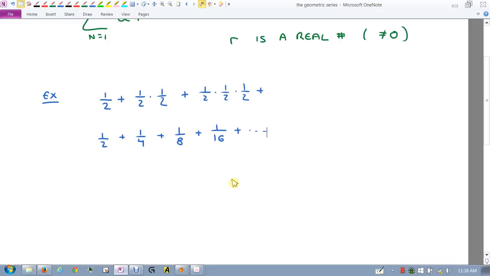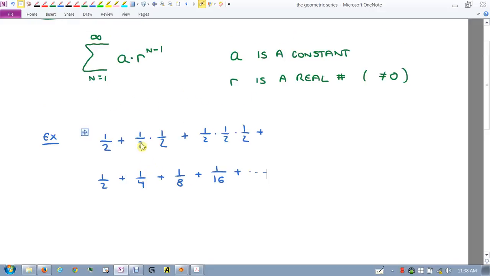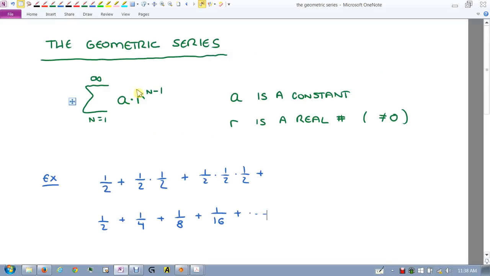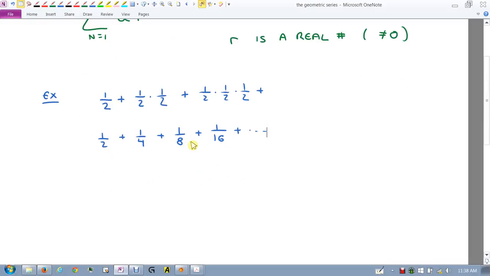All right, so what we want to do is somehow realize that that's a geometric series. Each of these pieces, 1/2, 1/4, 1/8, 1/16, are coming from the sequence, remember? The sequence is the piece in here. Somehow I need to connect this formula to these numbers.